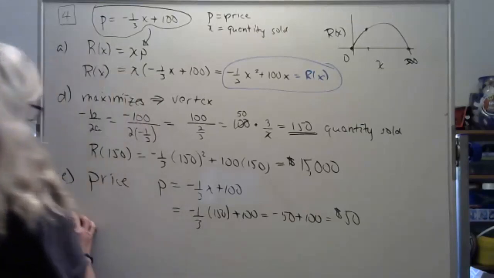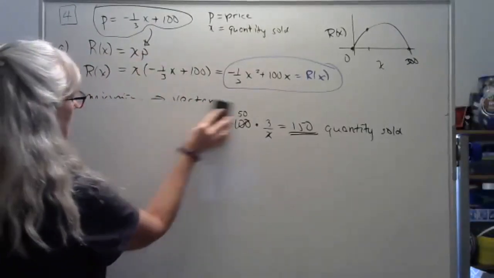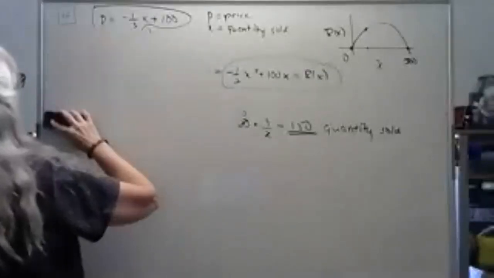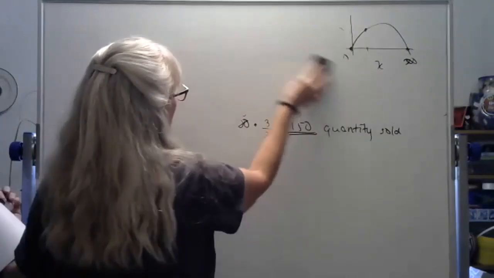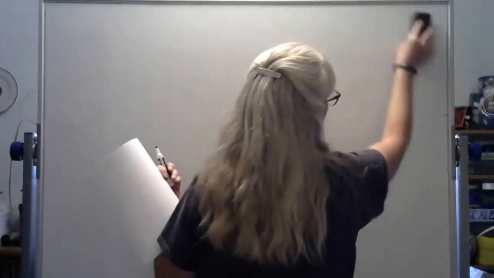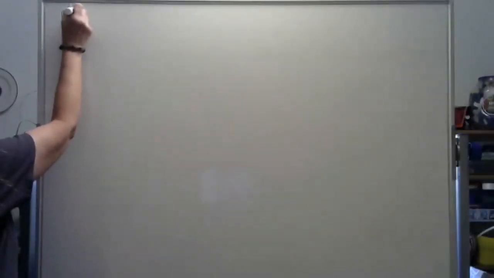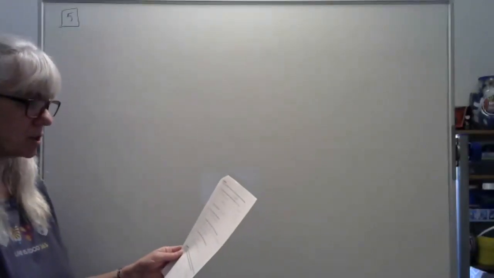Okay, one more. Okay, so example 5, the last one, says a rain gutter is to be made of aluminum sheets that are 14 inches wide by turning up the edges at 90 degrees.